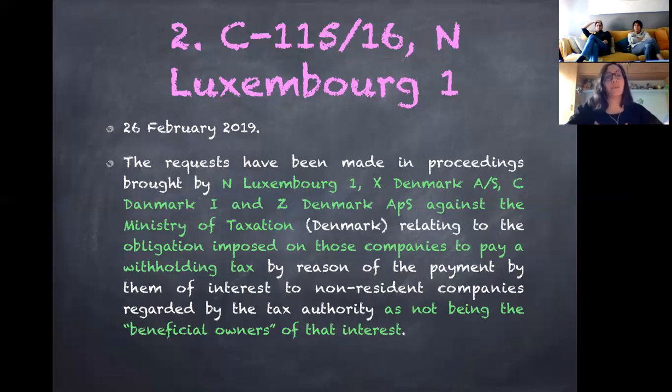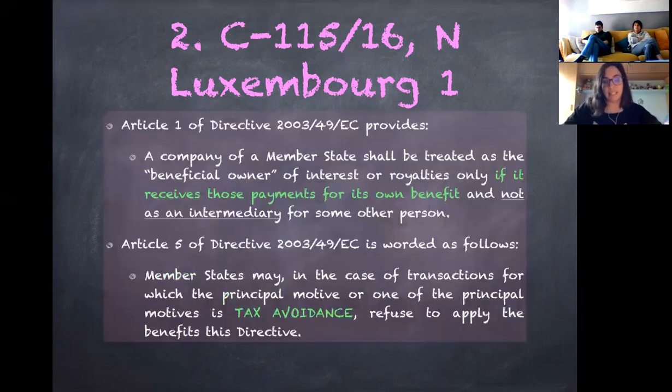In this preliminary ruling, the requests have been made in proceedings brought by three different companies established in Denmark, relating to the obligation imposed on those companies to pay a withholding tax by reason of the payment made by them of interest to a non-resident company regarded by the tax authority as not being the beneficial owner of that interest.